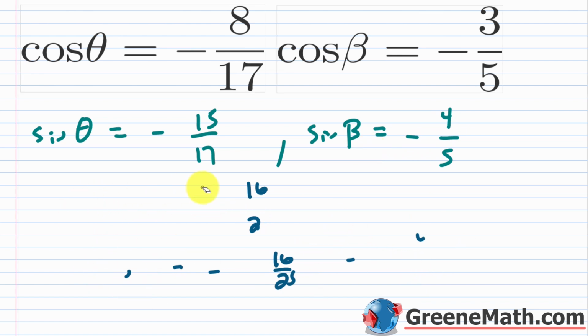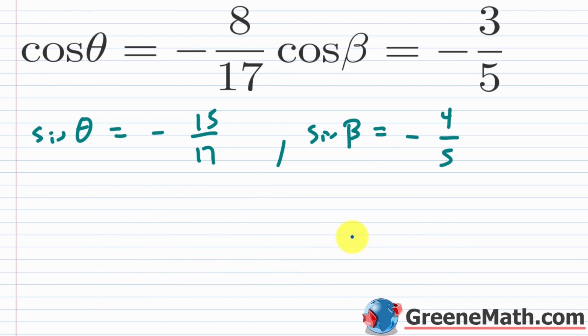Okay, so now that we have that information, let's figure out our tangent. So we need the tangent of theta. That equals what? Well, we would take the sine of theta, which is negative 15 over 17, and we'd multiply by the reciprocal of the cosine of theta, which is negative 17 over 8. So this would cancel. This is 15 over 8.